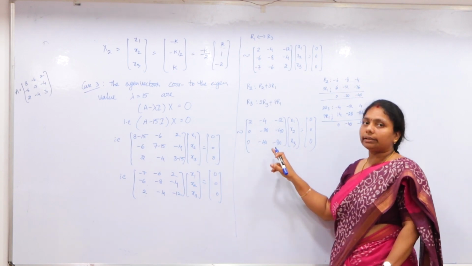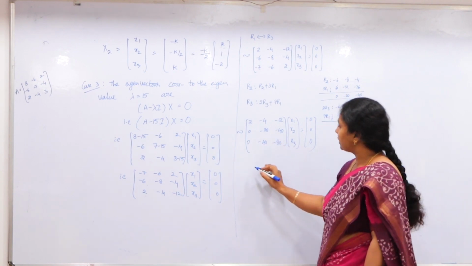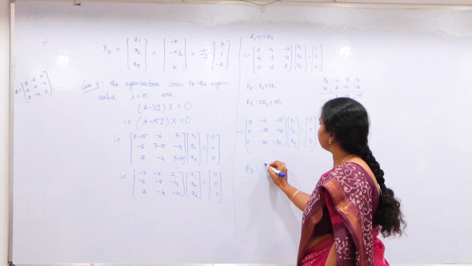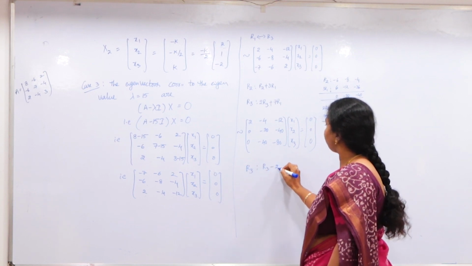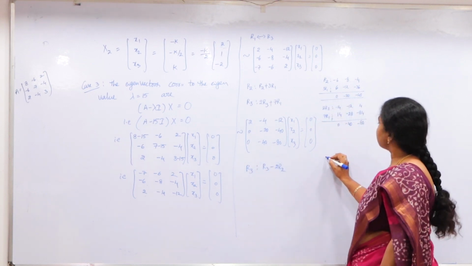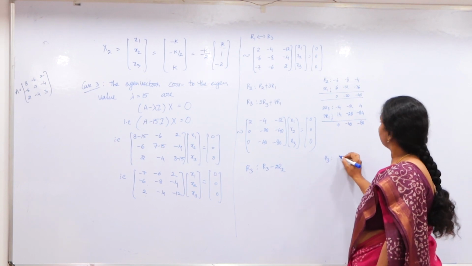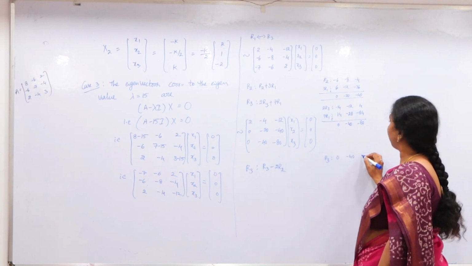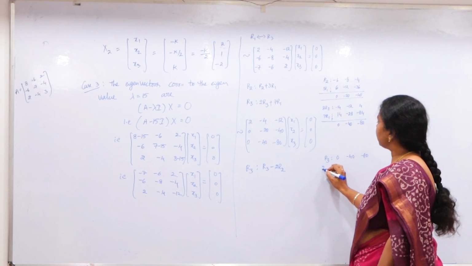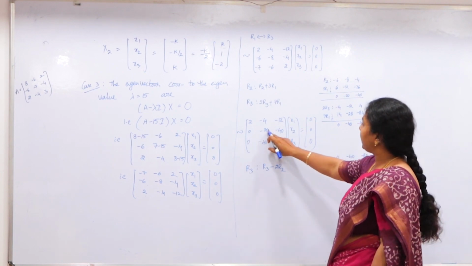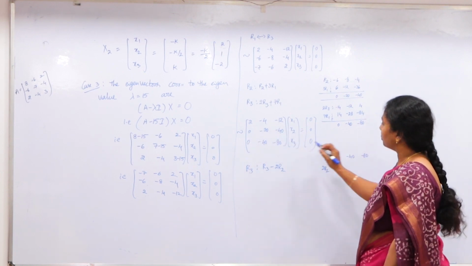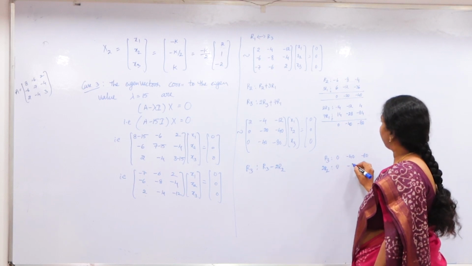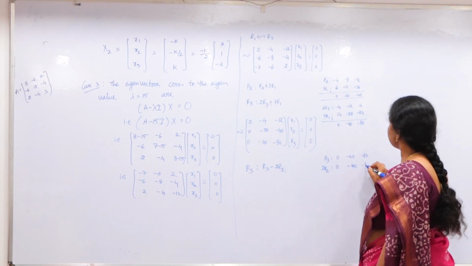See, second row and third row. These are multiples. So, change R3 as R3 minus 2 into R2. What is R3? 0, minus 40, minus 80. Next, what is 2R2? Multiply each element in R2 with 2. 0, minus 40, minus 80.